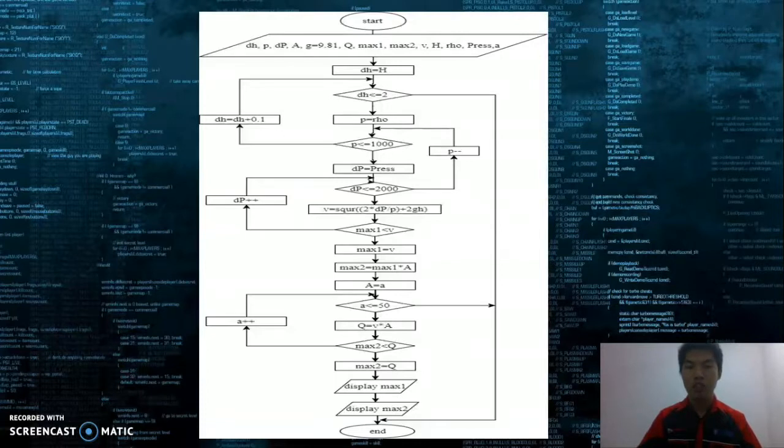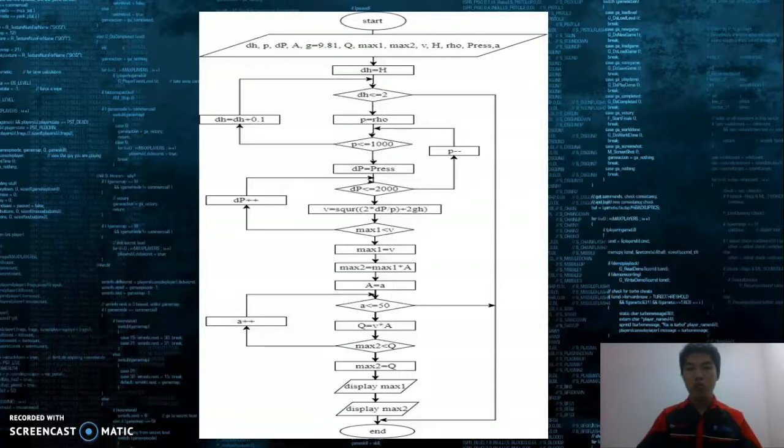If it is bigger than max 1, they will go back with the loop and then increase P, increasing the change of pressure, then repeat the loop. Okay, until V equals the output V, max 1. So after that, you just finish the first function, then we go through the second.